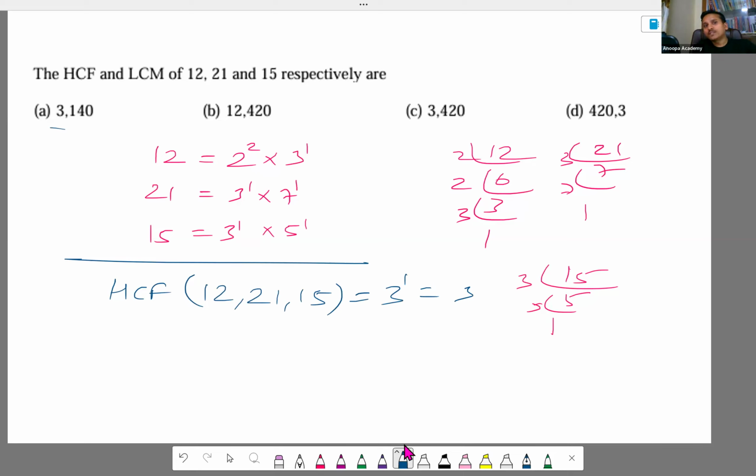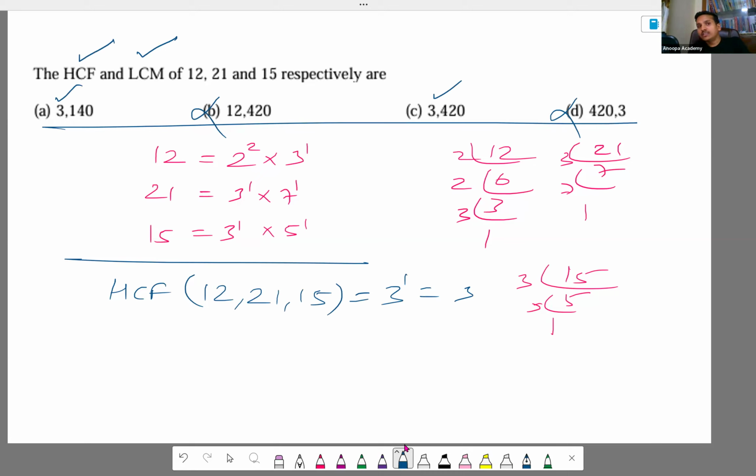So if you look at the options, first of all, they have given HCF, then LCM. So HCF is 3. See, 3 is present here and here. So these two options are ruled out automatically. Okay. Now, if you look carefully, we need not find even the LCM. Because we know that LCM is the smallest number which is divisible.